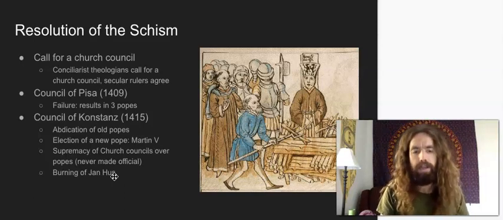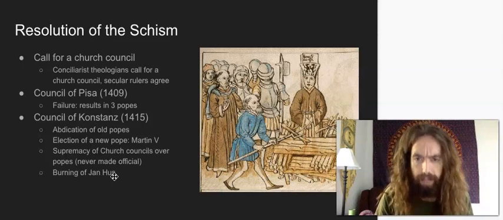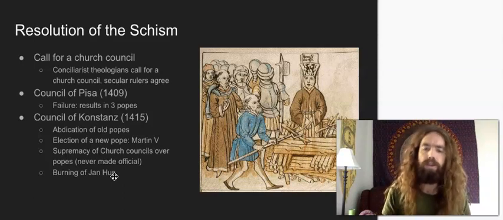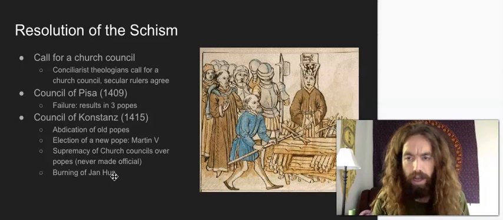Now, last thing that they do at the Council of Constance to seal the deal is they burn Jan Hus to death for his criticism of the papacy. So even though they couldn't agree on who should have been pope for a long time, everybody can now agree that Jan Hus has gone too far and that he shouldn't be criticizing the church's ability to raise taxes and stuff like that.